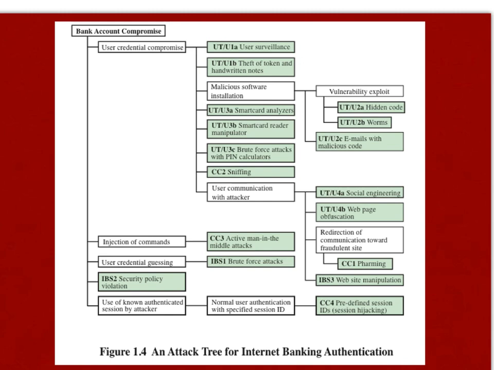No, the final goal is to do bank account compromise. I want to attack your bank account and be able to access it. And once I access it, I can do whatever. I can transfer money, I can transfer money to myself, I can do whatever. So now I want to compromise a specific bank account or multiple bank accounts. Okay, so I need to perform these steps.